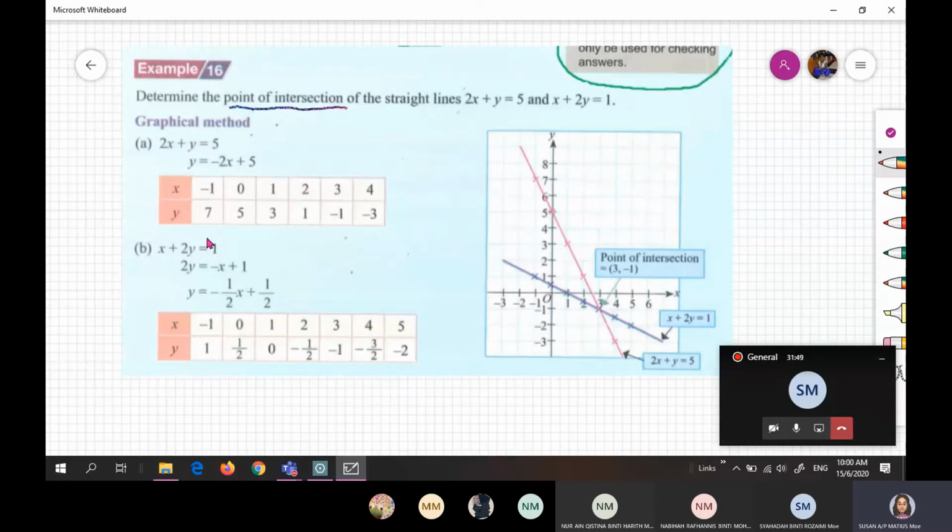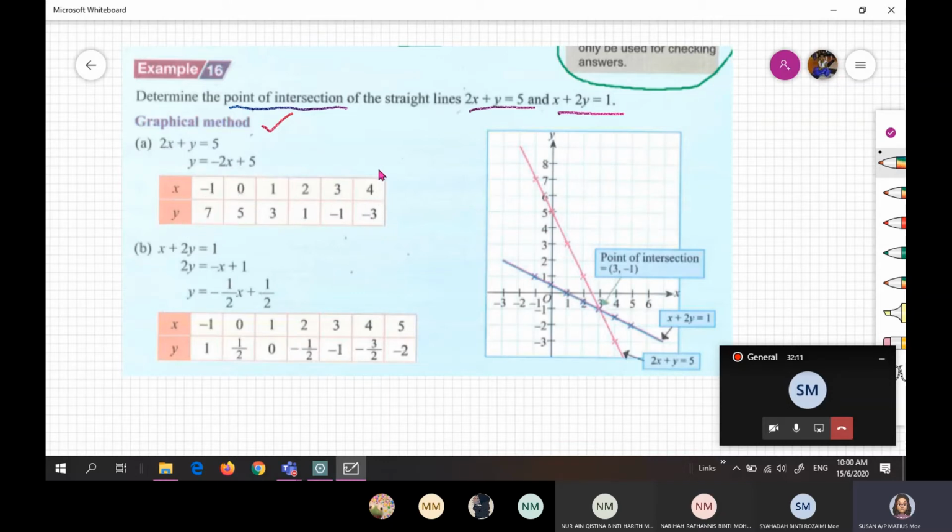You're looking for the point of intersection. So how do you do it? You have to build a graph for 2x plus y equivalent to 5, and you also have to build a graph for x plus 2y equivalent to 1. You have already learned how to draw a graph, right? The graphical method teaches you to do graphs.